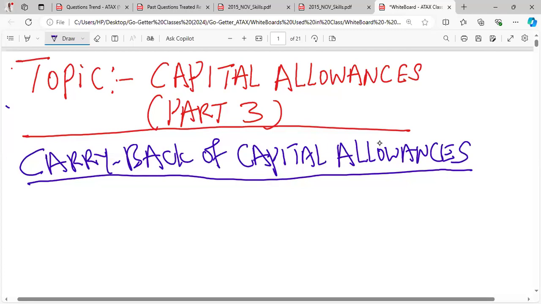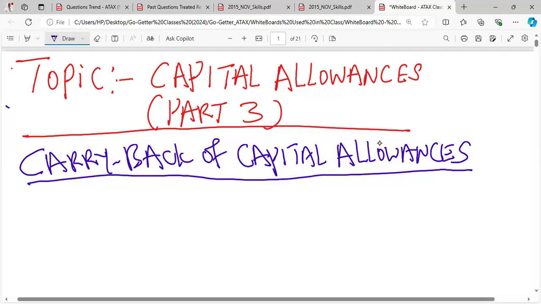Now, if in 2019 the capital allowances cannot be recouped, then it is deemed to be lost forever. So the law says here that capital allowances will have to be carried backward for a maximum period of 5 years, beginning from the year before cessation.